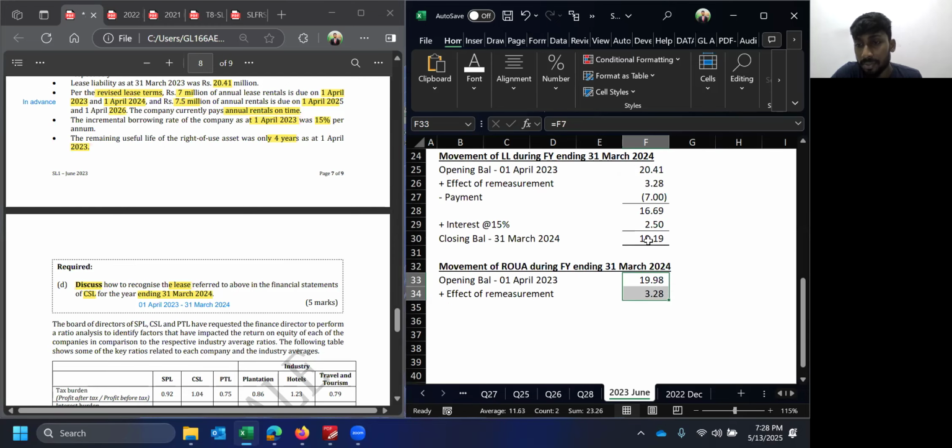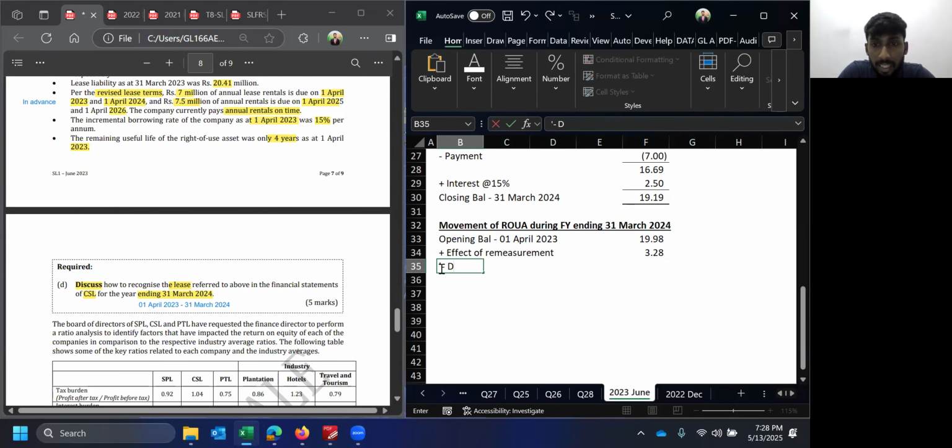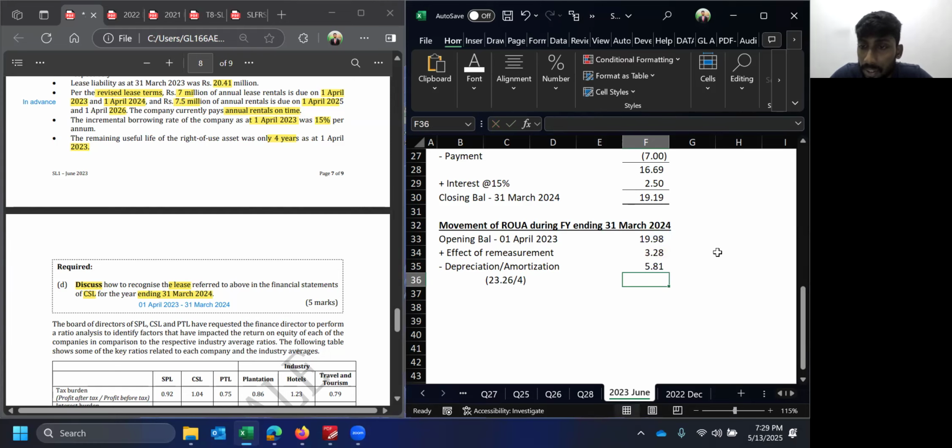From that I need to deduct the depreciation, or amortization. 23.26 divided by 4 gives 5.81. Accordingly, the closing balance is 17.44 as at 31st March 2024.